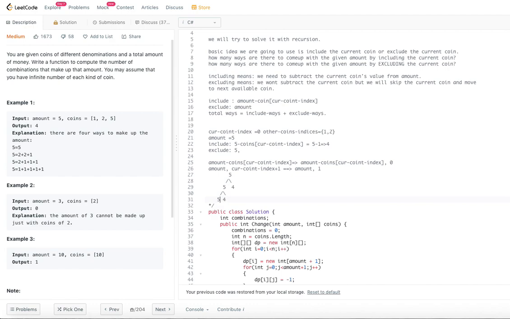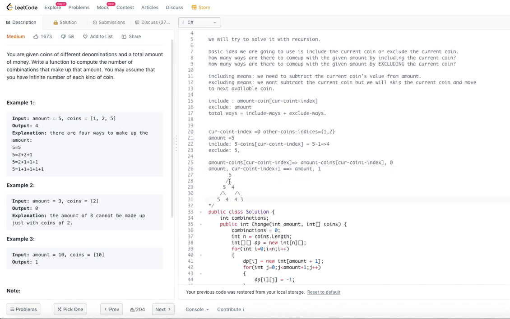So 5, 4, 5, 4. Again here, for 4, exclude current coin is 4, include is 3. The amount, basically here I am talking about only the amounts, and the current coin is 1, that's what we said.